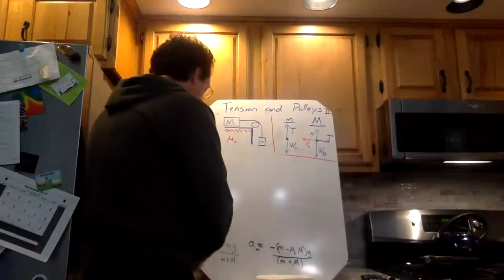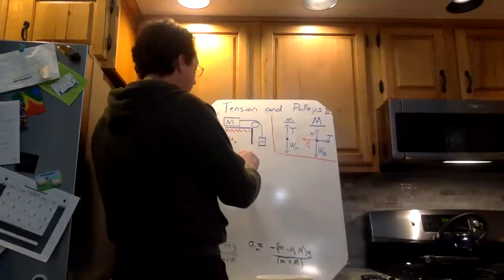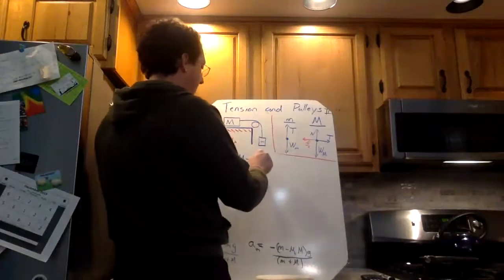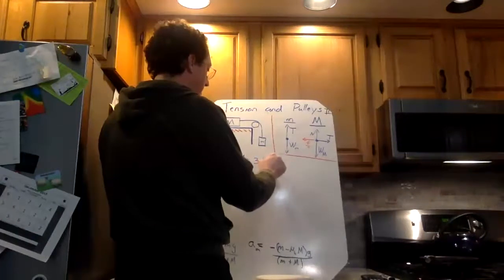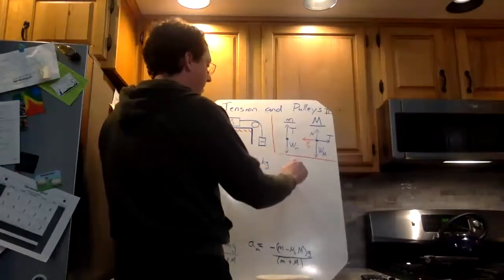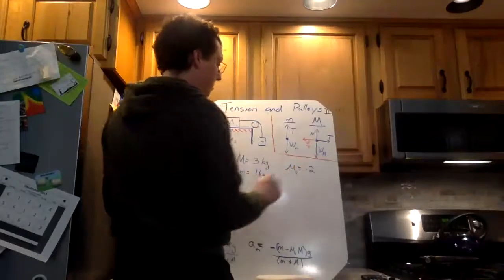The friction causes it to fall more slowly. Let's set some masses here. Let's say that big M equals 3 kilograms. And let's say little m equals 1 kilogram. And let's say mu sub k equals 0.2.